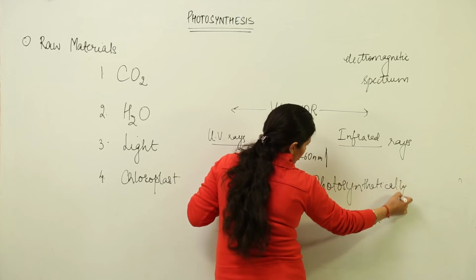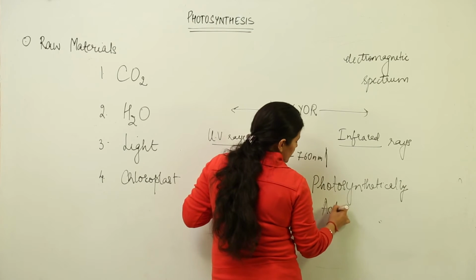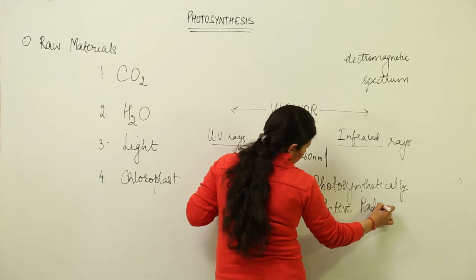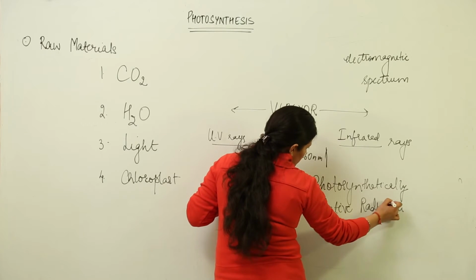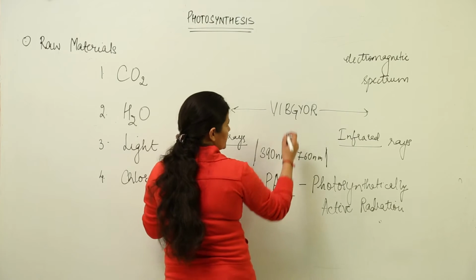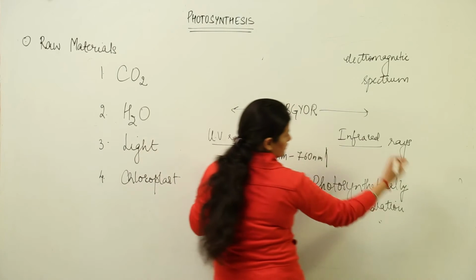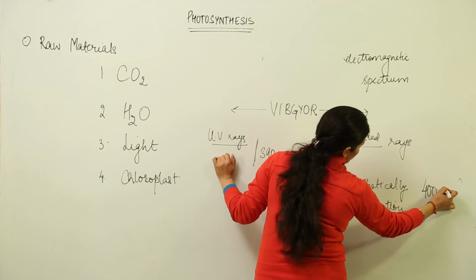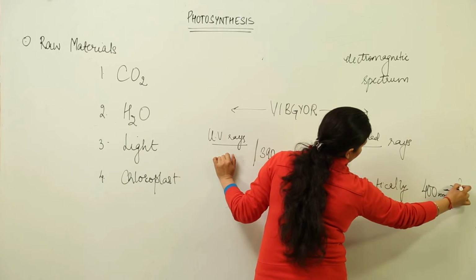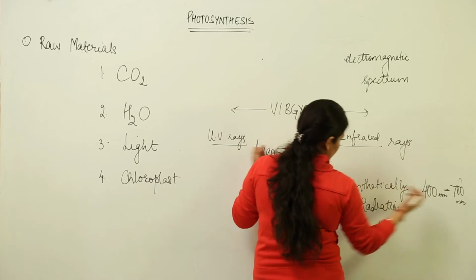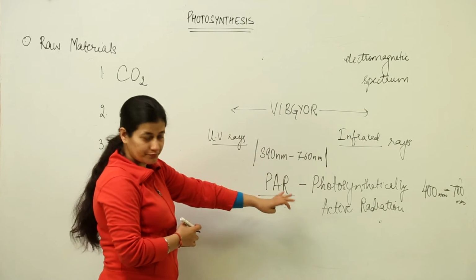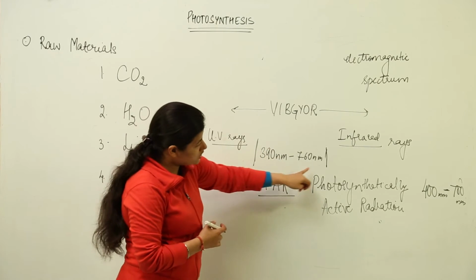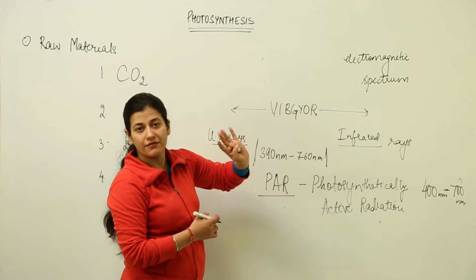This term is to be remembered: the range of PAR, photosynthetically active radiation, is between 400 nanometer to 700 nanometer. That is PAR. You have to remember this. This part of the white light VIBGYOR spectrum is used, 400 to 700 nanometer.